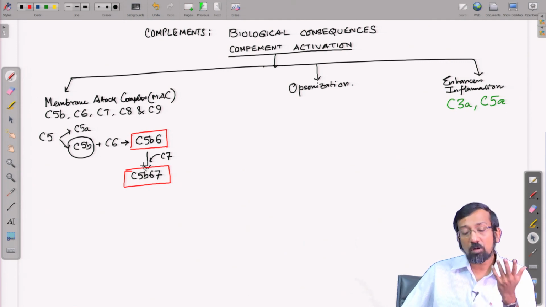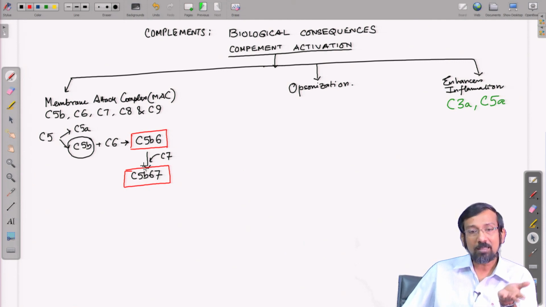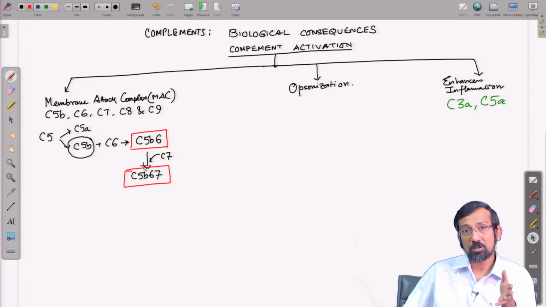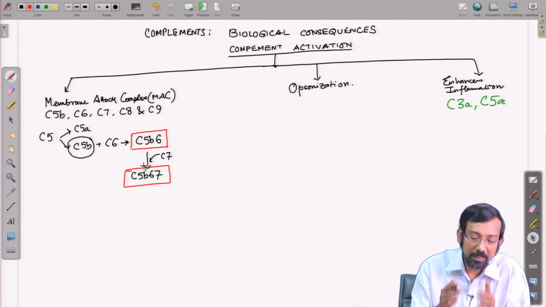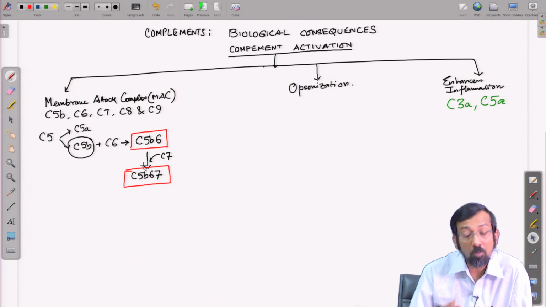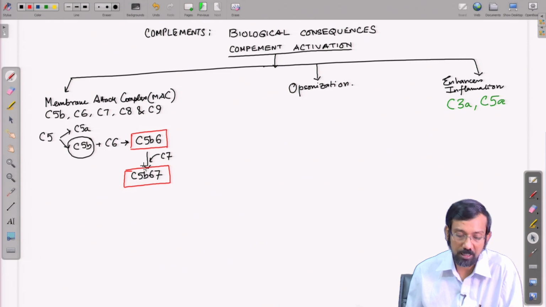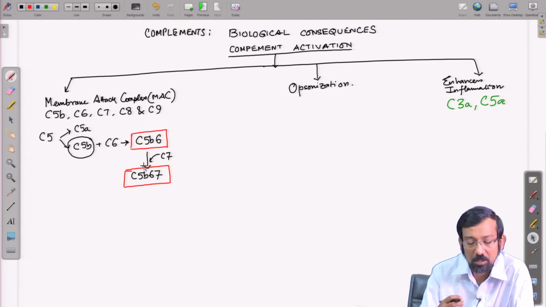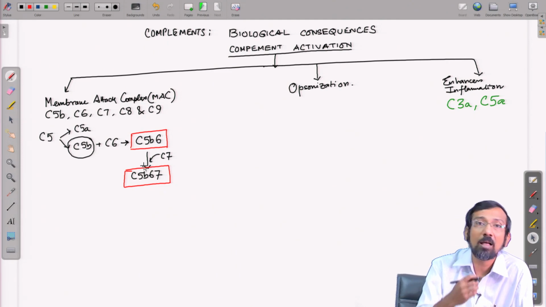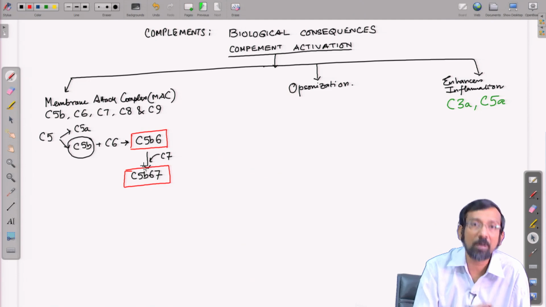This conformational change exposes the hydrophobic patches or hydrophobic residues on the C7 on the surface. That imparts more hydrophobicity on the surface, leading to the assembly of C5b6-7 getting inserted into the hydrophobic cell membranes.